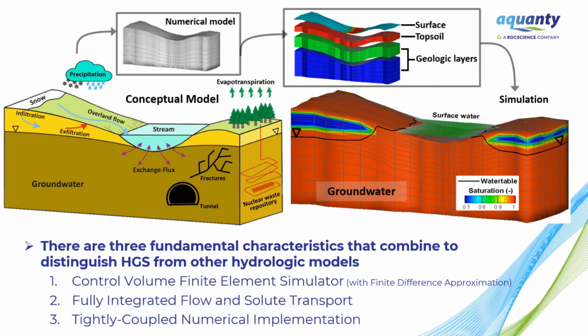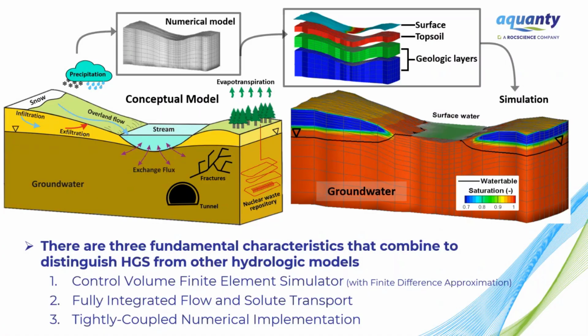What that means is basically all of the terrestrial components of the water balance are included within the model, from precipitation through infiltration, overland flow, percolation into groundwater flow, and then discharge back through to surface water, which could be streams or lakes or wetlands, and also loss of water through evaporation.